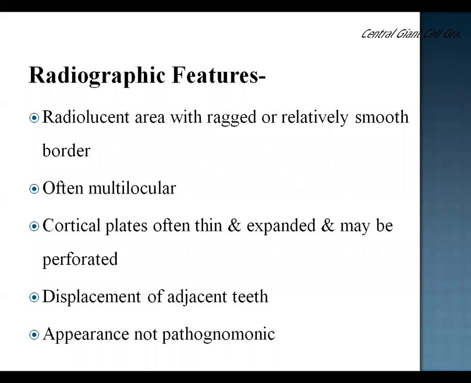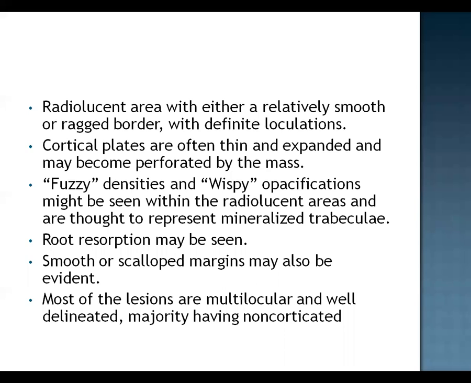Radiological features: radiolucent area with ragged or relatively smooth border, often multilocular. Cortical plates are often thin and expanded and may be perforated. The displacement of the adjacent teeth can be seen; appearance not pathognomonic. So radiolucent area with either a relatively smooth or ragged border with definite loculations.